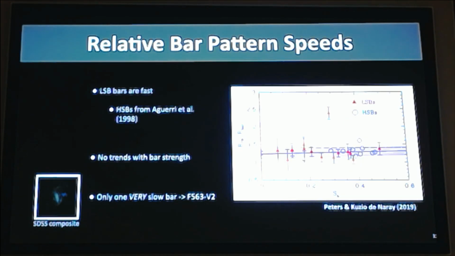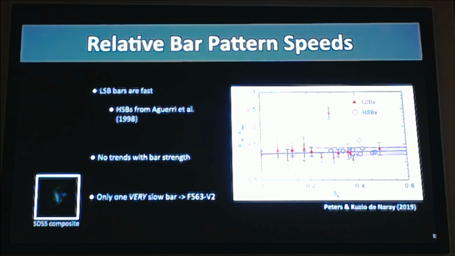When we extend this to our second study of the total 15 LSBs, we find almost all low surface brightness galaxies are host to fast bars, except for this one way up here around 2.5. That's F563V2, and that's its Sloan image right there. So again, you can see we're not working with very high quality or deep imaging in the Sloan.